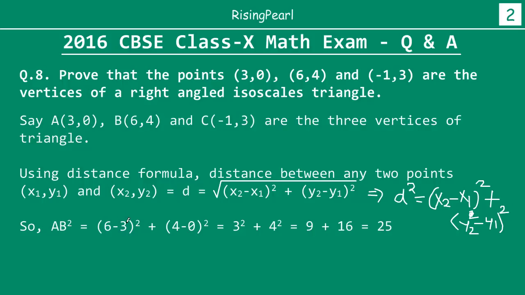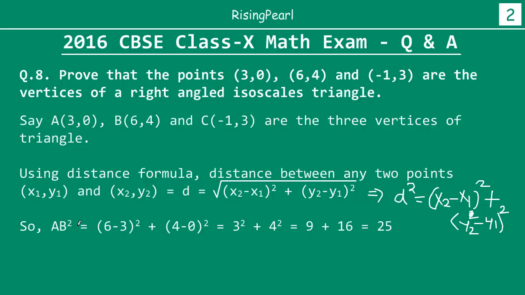So AB square, assuming this point is A, this is B, this is C, will be (6 minus 3) square plus (4 minus 0) square. We simply solve it and find AB square is 25. At this point we could have said AB equals square root of 25, or 5.